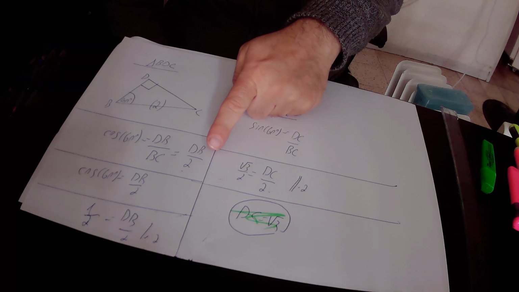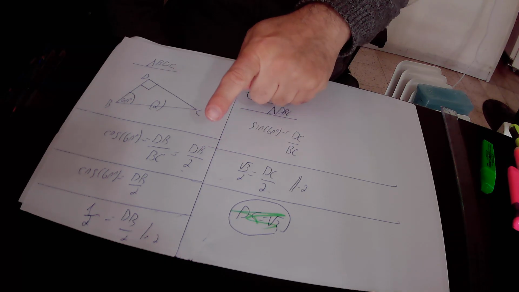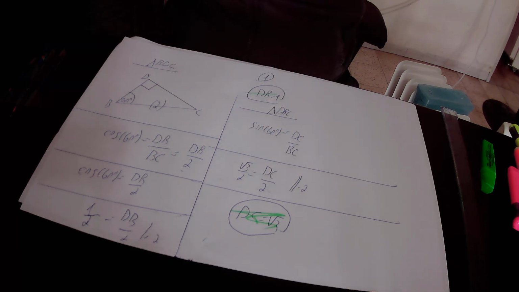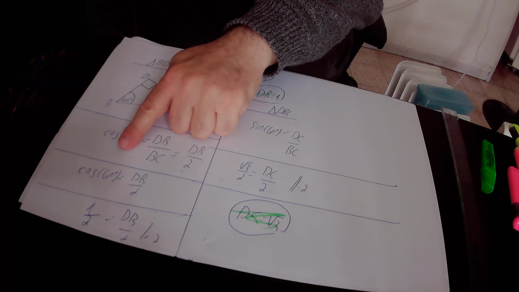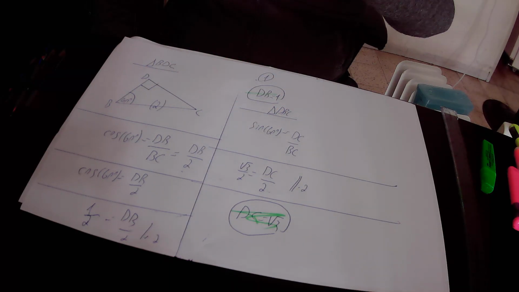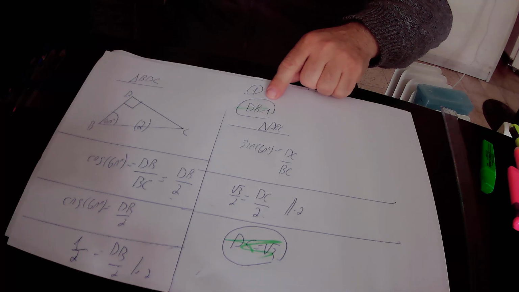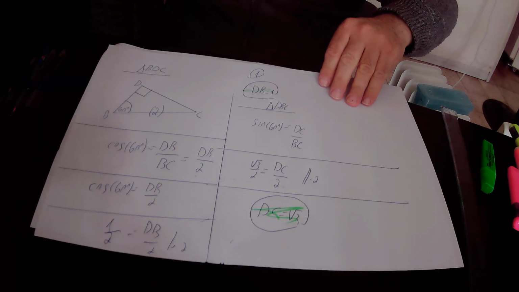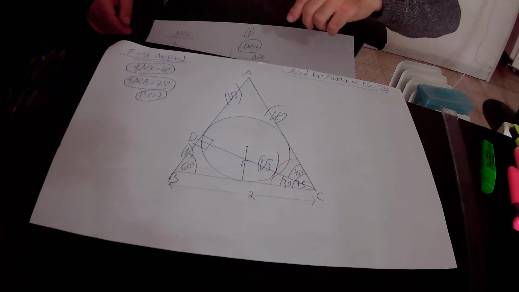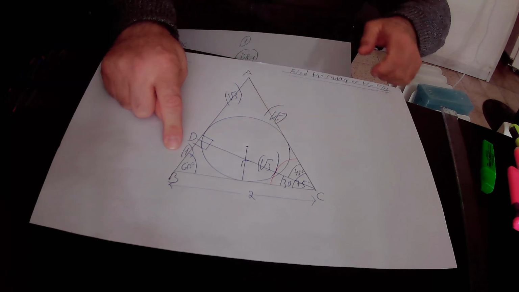BC is 2, so cosine 60 degrees equals DB over 2. Cosine 60 degrees is 1/2, so 1/2 equals DB over 2. We multiplied this equation by 2 and found that DB equals 1 unit in length.